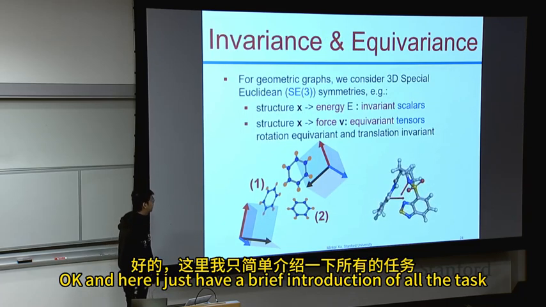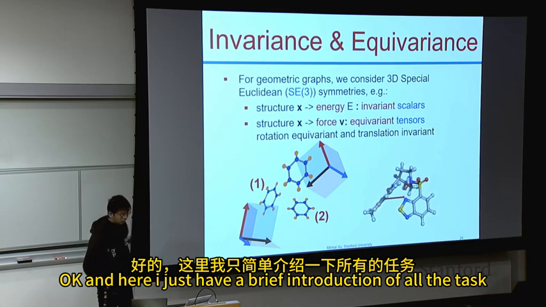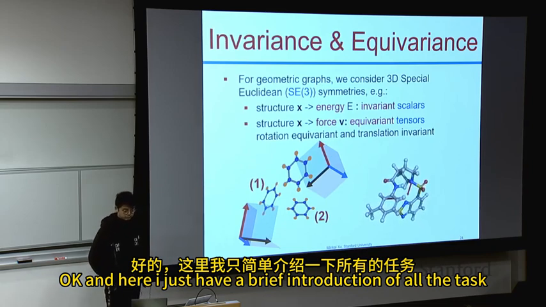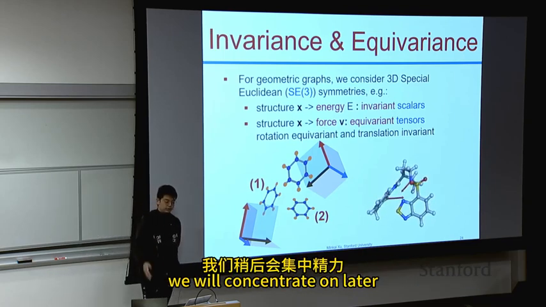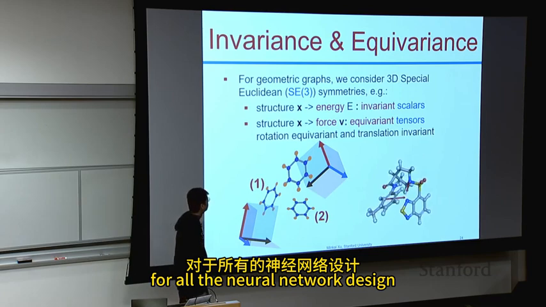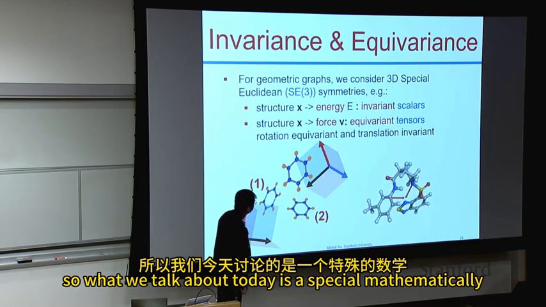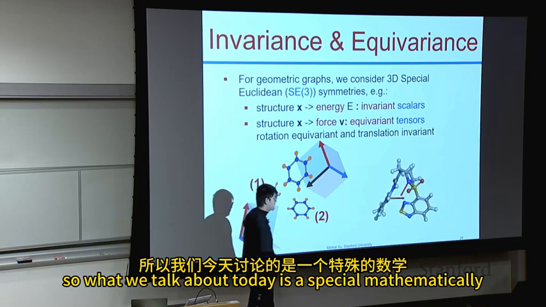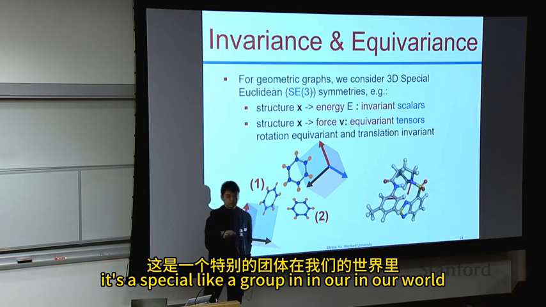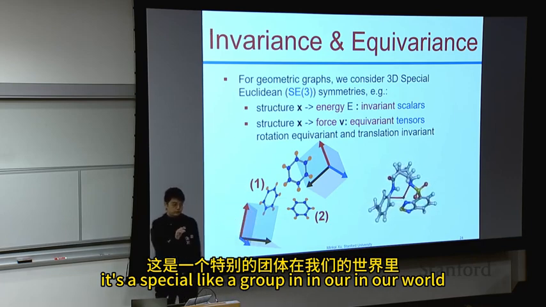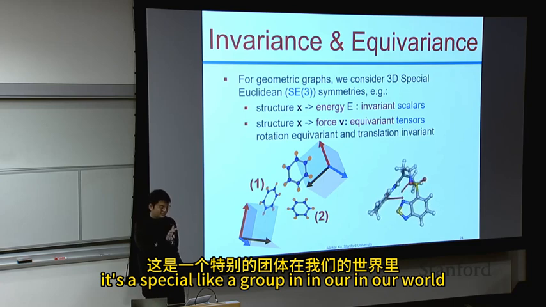Okay. Here I just have a brief introduction of all the tasks we will concentrate on later for the neural network design. What we talk about today is mathematically a special group in our world.